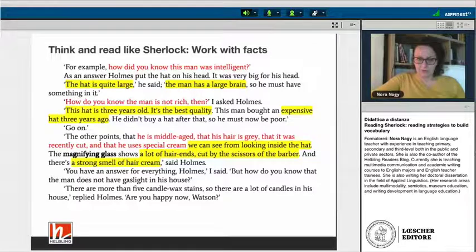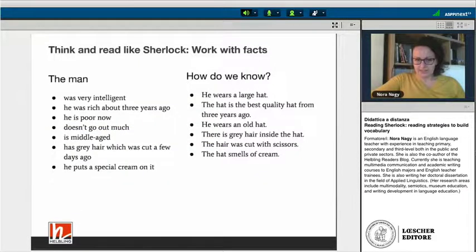Excellent. So such reading helps us work with facts. So in your language notebook, as you are reading a Sherlock Holmes story, you can either take notes or just try to remember what clues and what facts we can collect and how different objects help us understand what's going on.